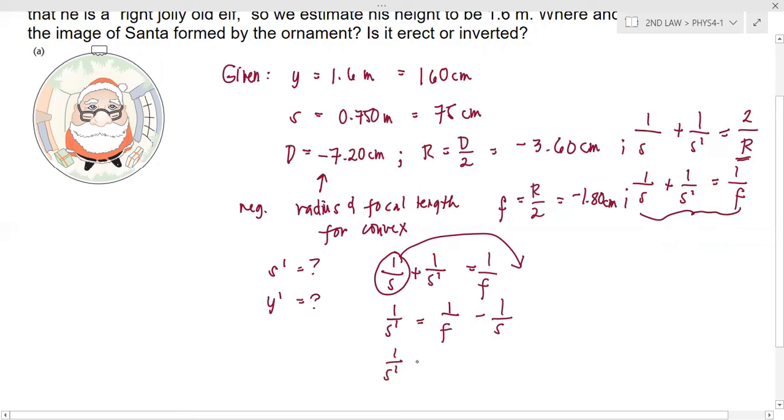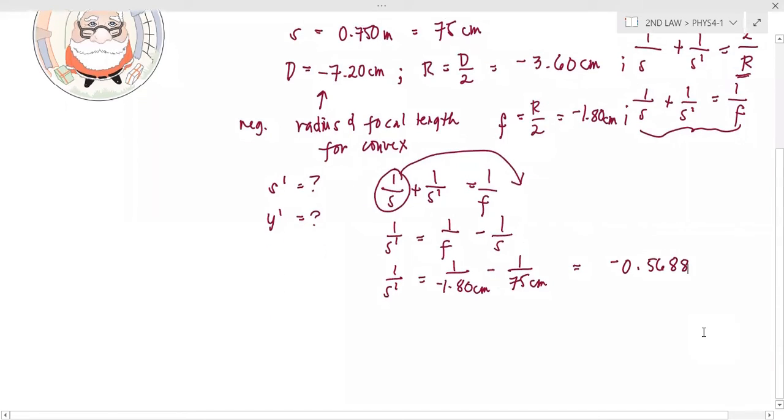So I will substitute now the values. This is 1 over negative 1.80 minus 1 over 75 cm. So this is both in centimeters. Calculating this, you will obtain negative 0.5688. This is not yet our image distance, but the 1 over s prime.